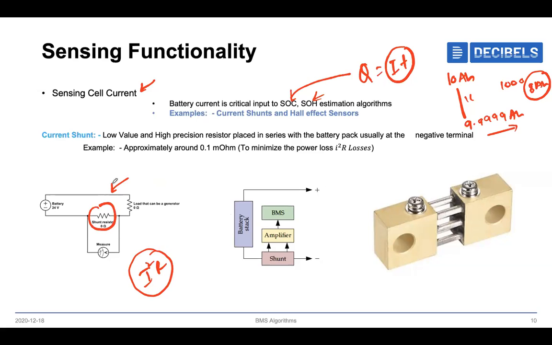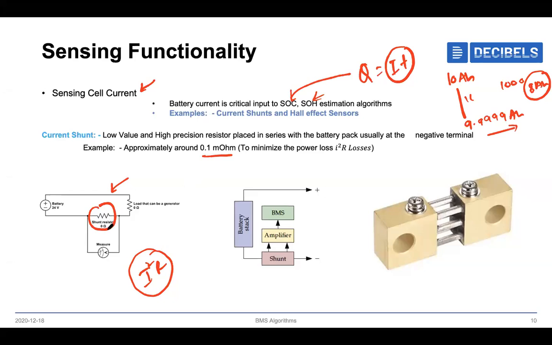That's the reason we have to select a resistor with a very small resistance, approximately 0.1 milliohm. We can measure the voltage drop across it, and we know the resistance value of this particular resistor. This resistor should be independent of temperature.